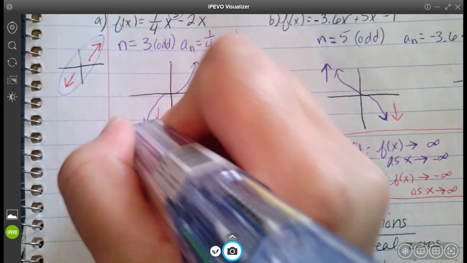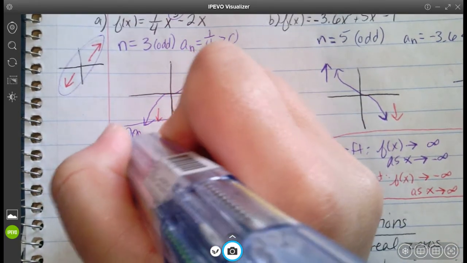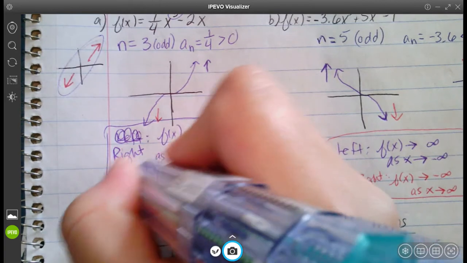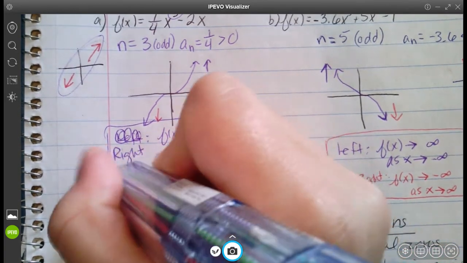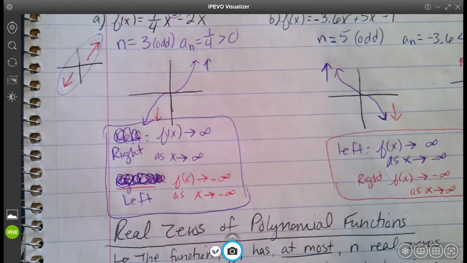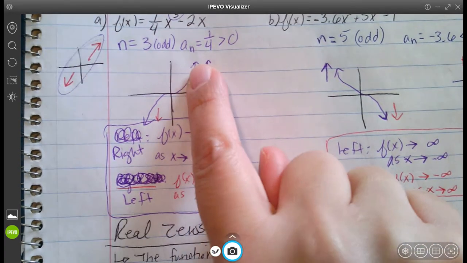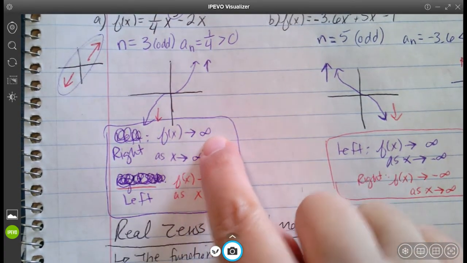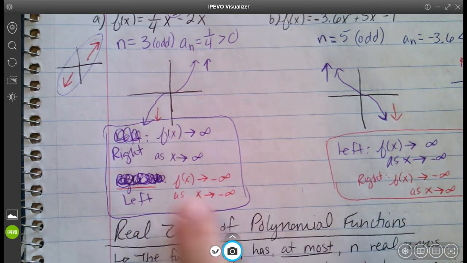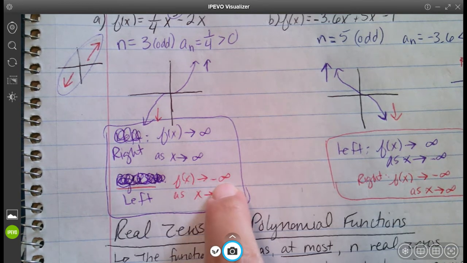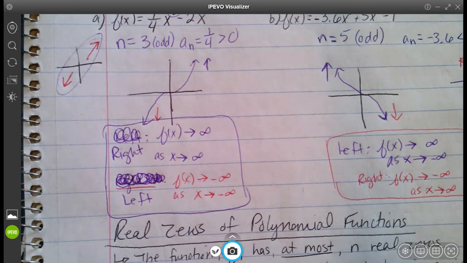This is the right side, and I do apologize about that, which makes this the left side. Okay, so again, on the right side, it's going up, so that's why this is positive. On the left side, it's going down. That's why this one is negative right here. Okay. All right. Hopefully, I didn't confuse too many people with that.